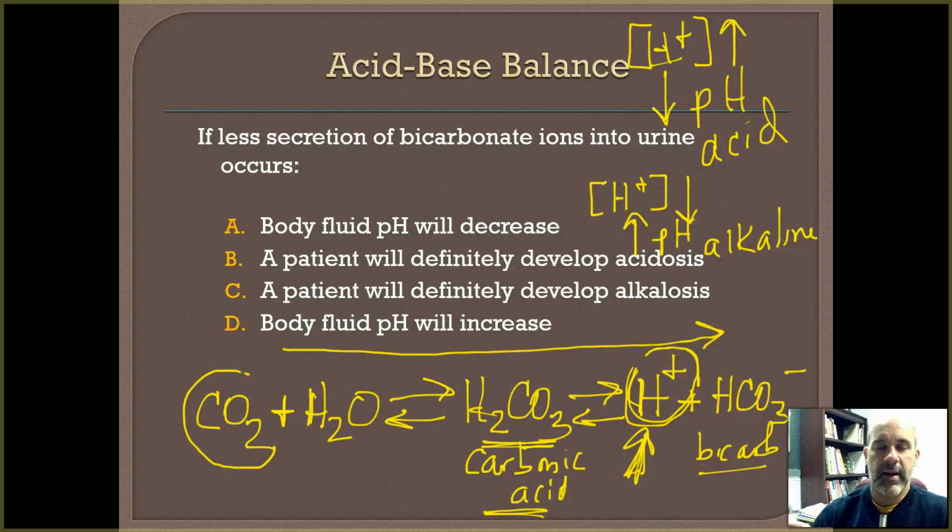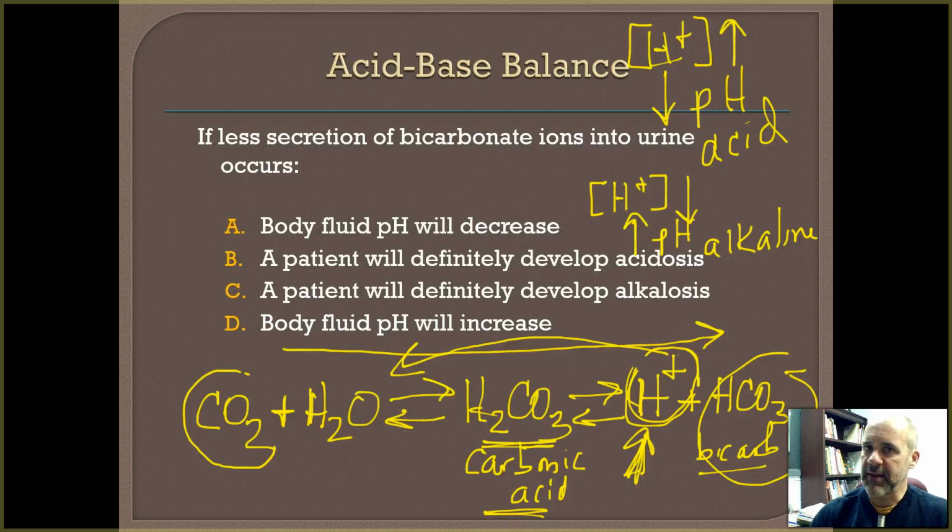On the other hand, bases like bicarbonate soak up hydrogen ions. So instead of those hydrogen ions freely floating around in your body fluids, they get soaked up and they send the reaction back in this direction. And if they're soaking up your hydrogen ions, that is going to raise your pH. Your body fluids are going to tend to become more alkaline.